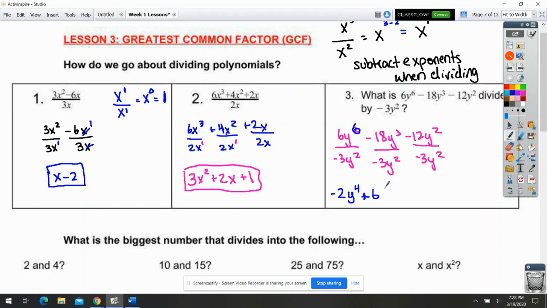So 3 minus 2 would just be y to the 1st. Here we have negative 12 divided by negative 3, which is positive 4. And y squared divided by itself is just 1. That becomes 1. And we can just leave it like this. And this would be our answer.